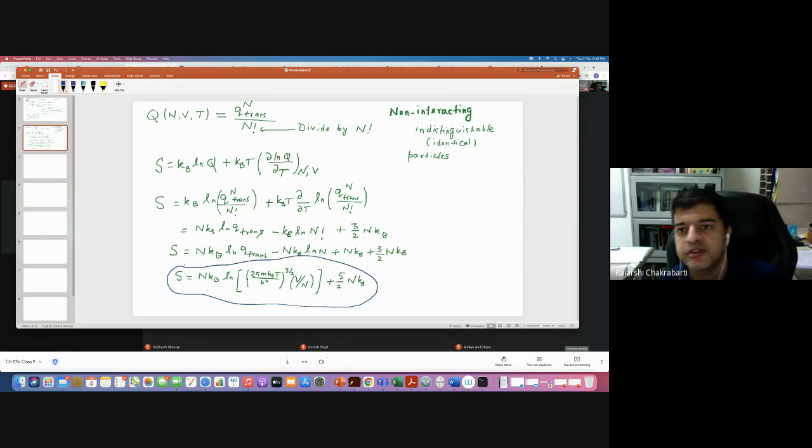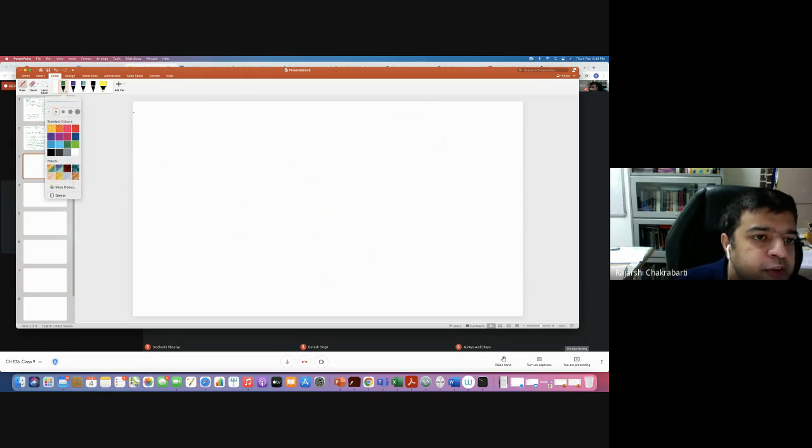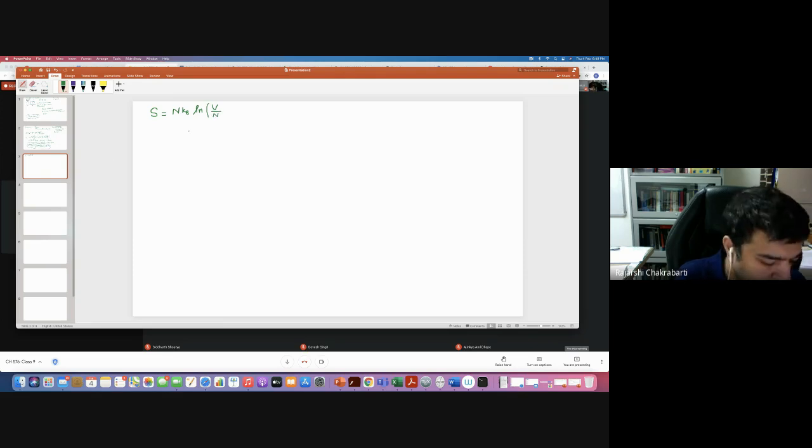You can see this expression is different from the one we used a few minutes back. I can further simplify this equation. The entropy, the way I did in the last class, S is N kB ln, I can take V by N common from the previous expression, and I can take e common, okay?